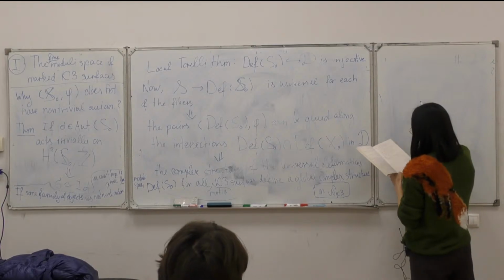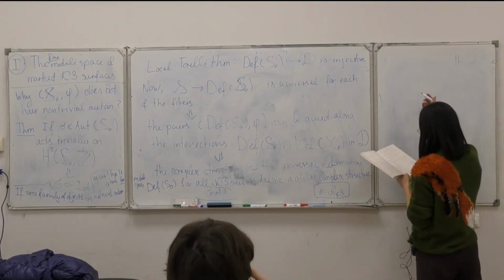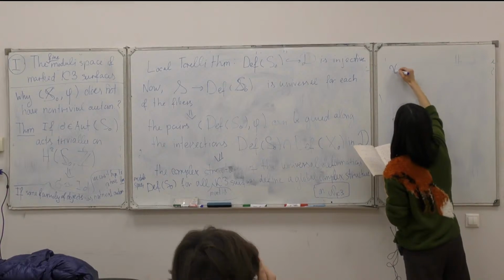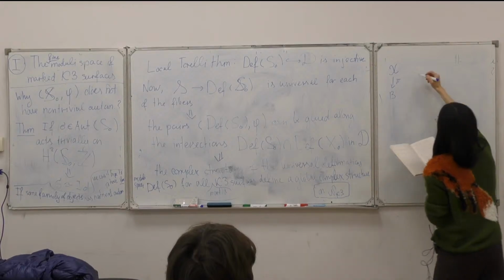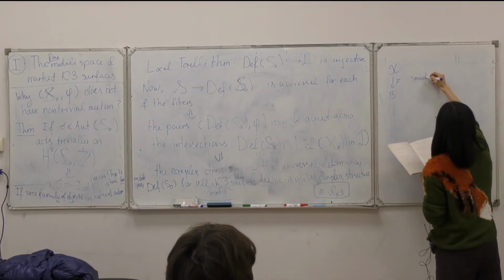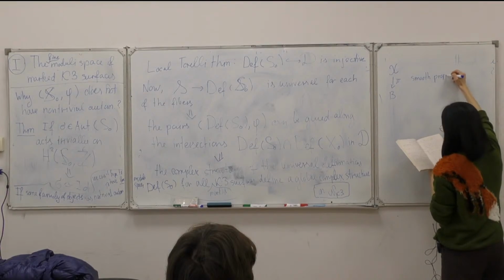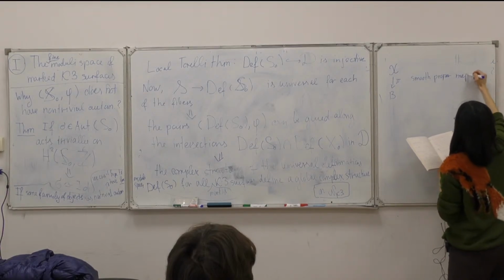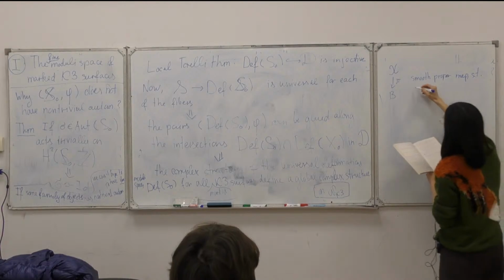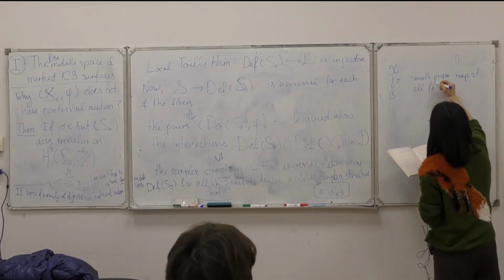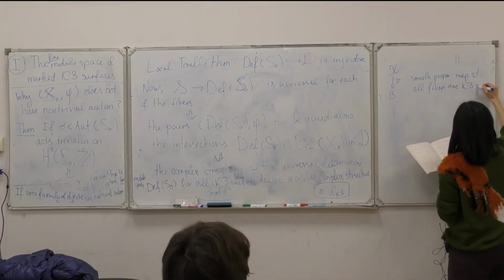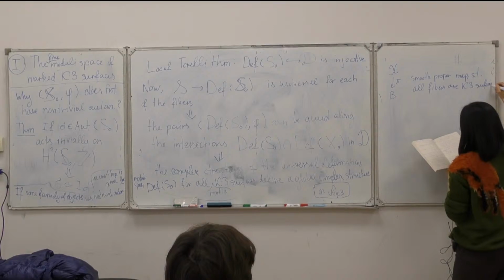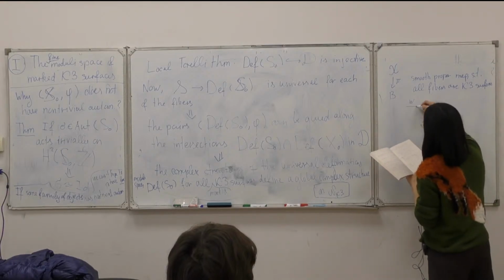So first of all, what is a family of marked K3 surfaces? It is a smooth, proper map p as usual, such that all fibers are K3 surfaces, but we want to have a marking.